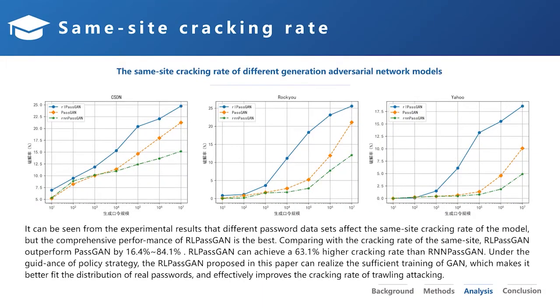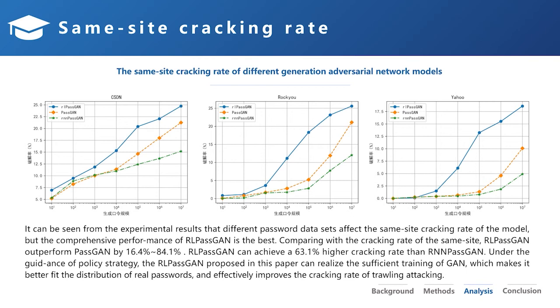It can be seen from the experimental results that different password datasets affect the same-site cracking rate of the model, but the comprehensive performance of RLPassGAN is the best. Comparing the cracking rate at the same time, RLPassGAN outperformed PassGAN by 16.4% to 84.1%.